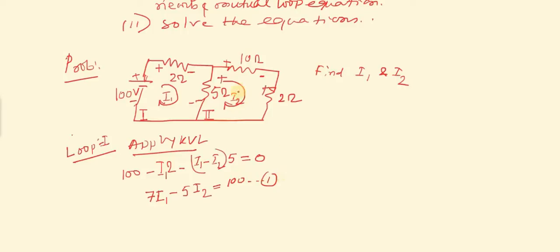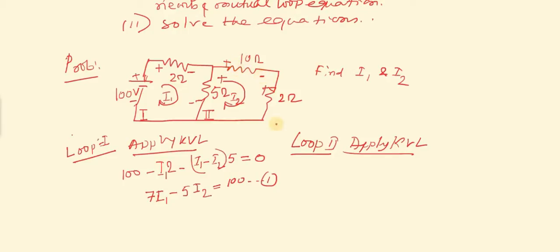Now come to the second loop. Once again apply KVL. We will start from here.